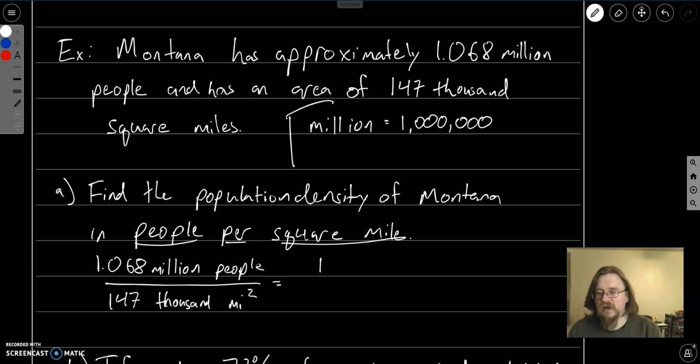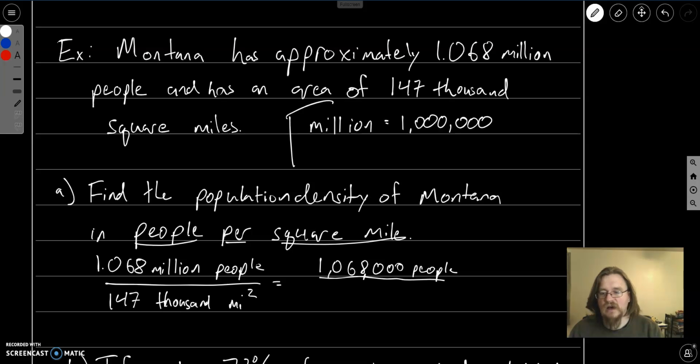If it started behind the 1, I'm going to shift it over 6 times, 1, 2, 3, 4, 5, 6, and in these gaps I'll just have to add some zeros. So 1.068 million people is going to be 1,068,000 people. So just write that down.